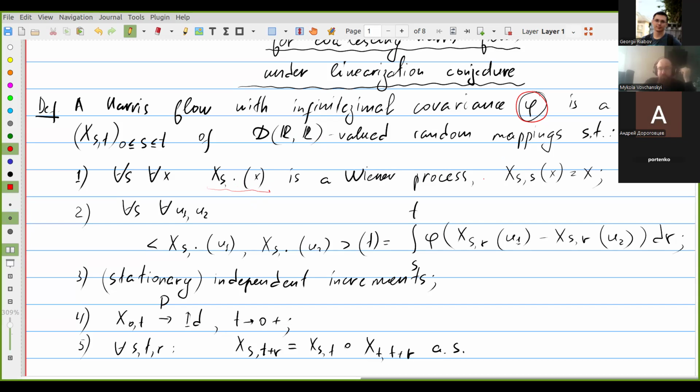Those Wiener processes are correlated, and phi describes the correlation. This process has independent and stationary increments as a family of mappings. It satisfies some good initial condition, uniformly, and it satisfies the semigroup property in this sense.